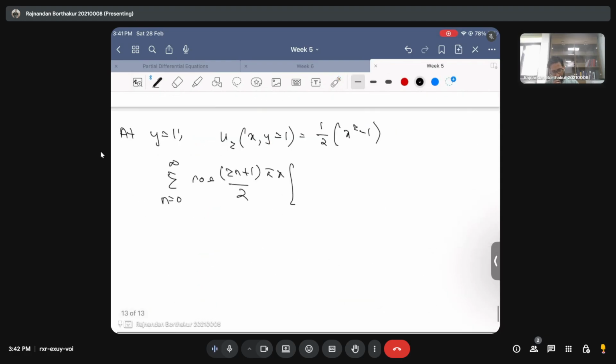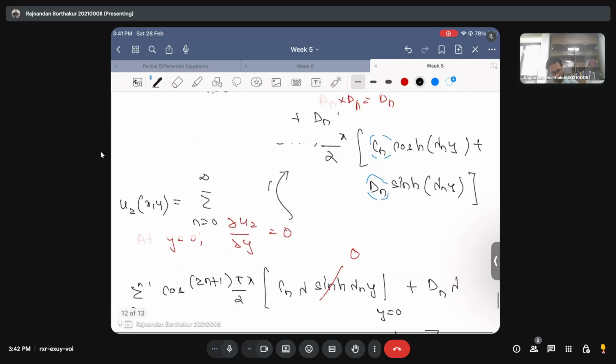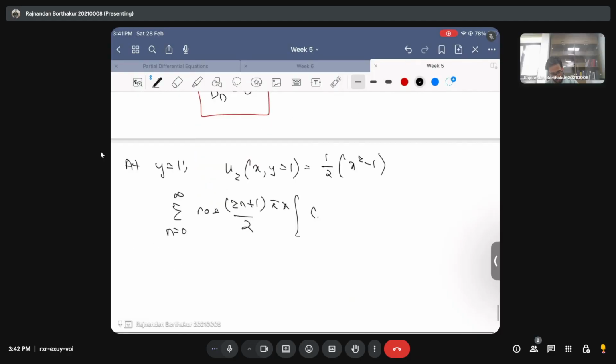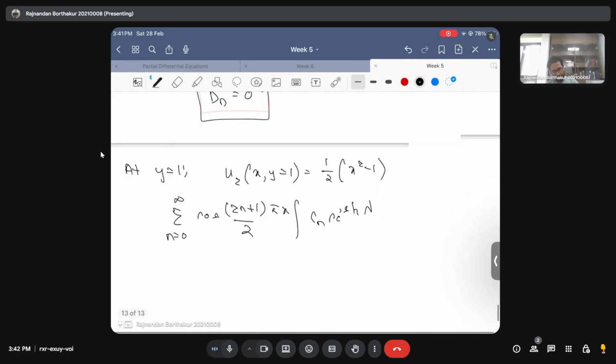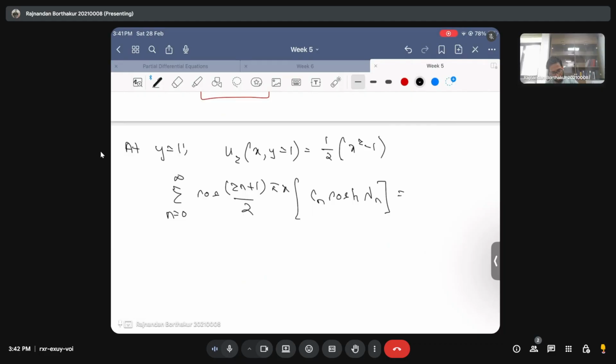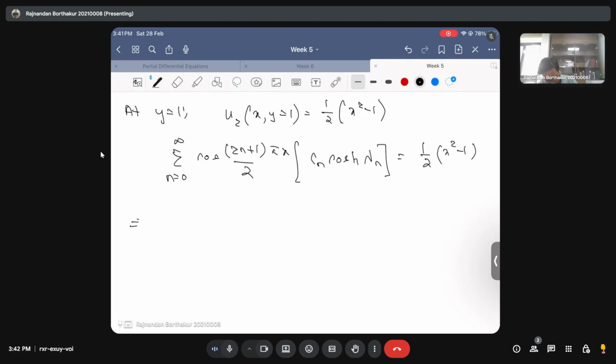Because I'm evaluating this at y equal to 1, this becomes cn cos hyperbolic lambda n, because y is 1, and this is equal to half of x square minus 1. So this is an important concept.